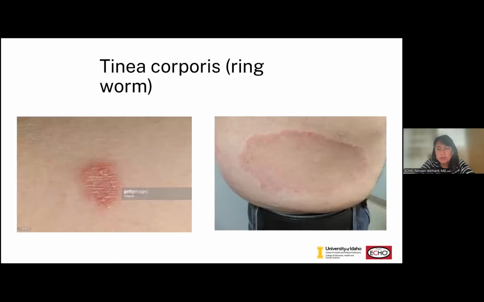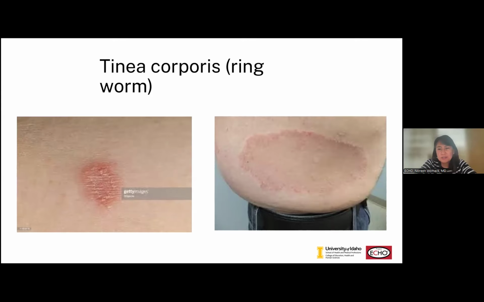So ringworm, you'll also see. I don't like the term. Again, it's an old term. There's no worm involved. It usually starts out as a small papule, like on the left, but if untreated it can get pretty big. You can see that it's slightly raised, again with some central clearing, with an active border.